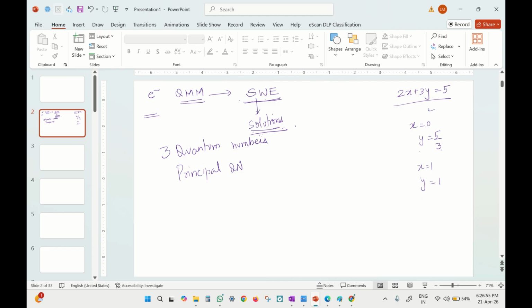You told me, right? There are infinite. But how do you define even the first solution? You will say x is equal to so much, y is equal to so much. So this is one solution. So you describe the infinite solutions in terms of x and y. Similarly, the solutions of the Schrodinger wave equation can be described by using three quantum numbers. Any problem with this?